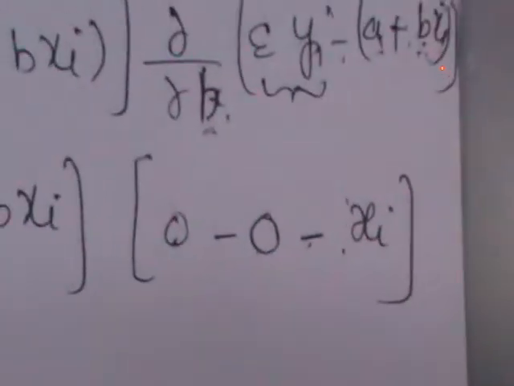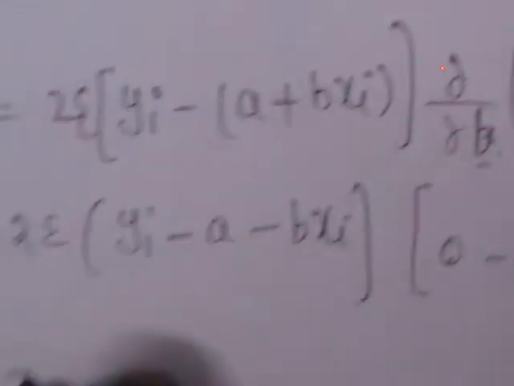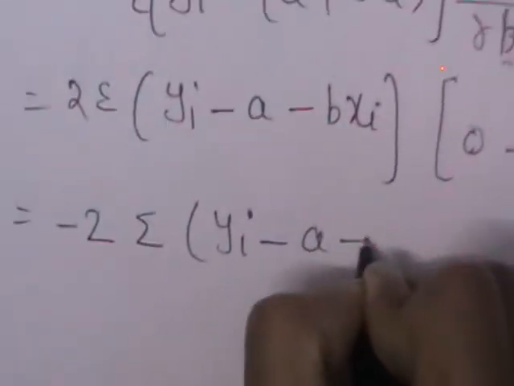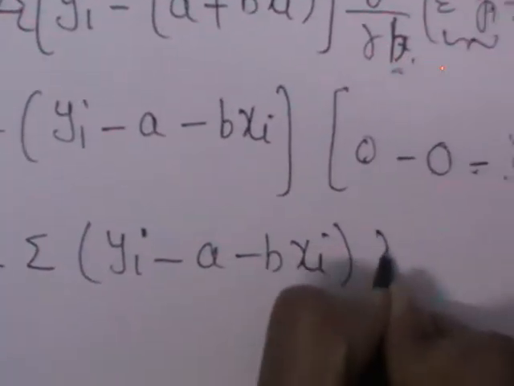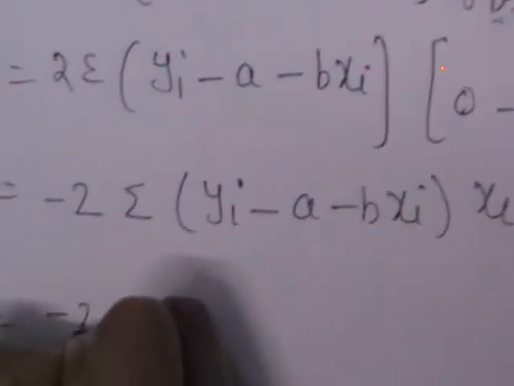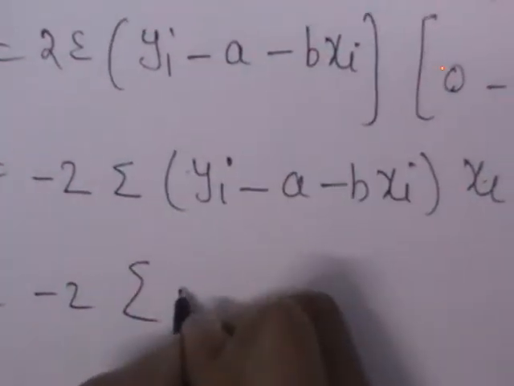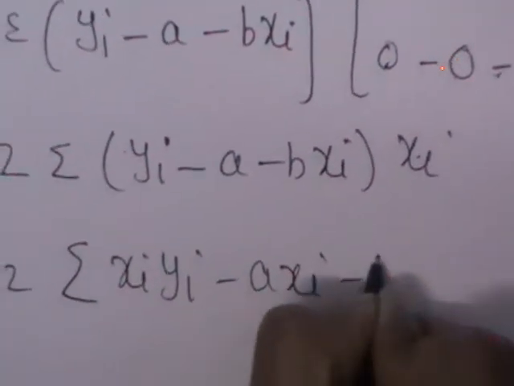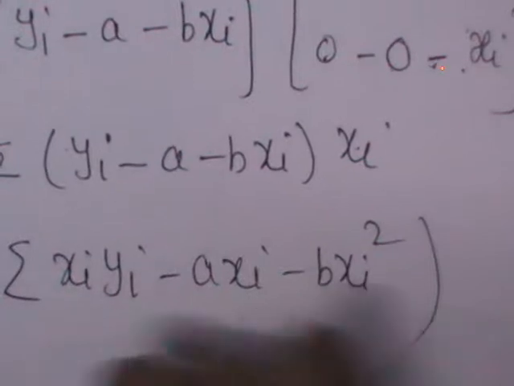As you are differentiating with respect to b, the derivative will be 1, you will get minus xi. Again, take this minus here, minus 2 sigma yi minus a minus bxi into xi. So minus 2, let us multiply this xi: xi yi minus axi minus bxi square.